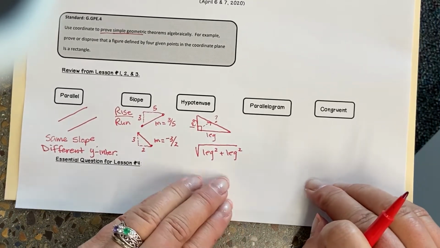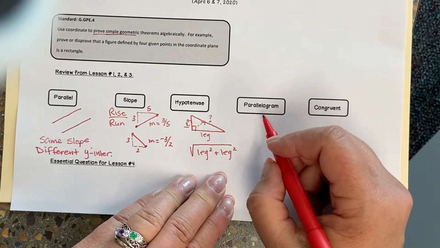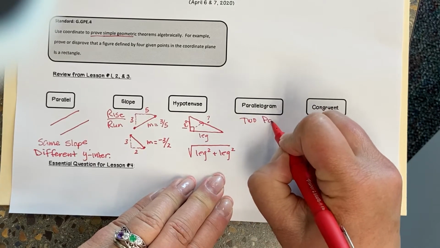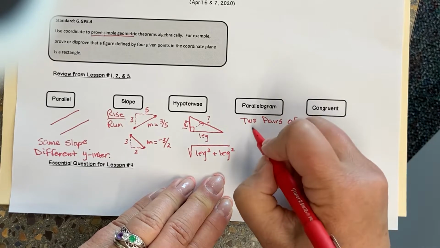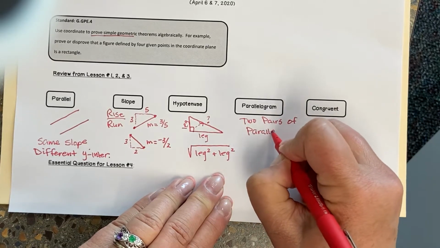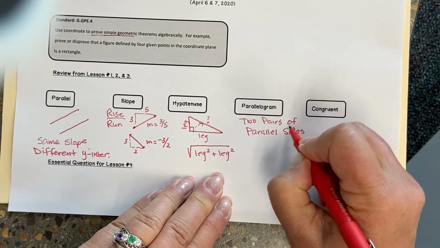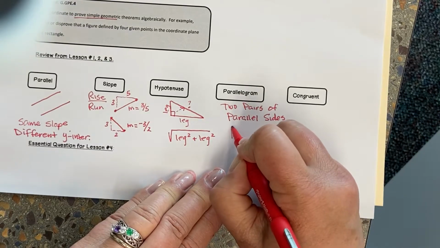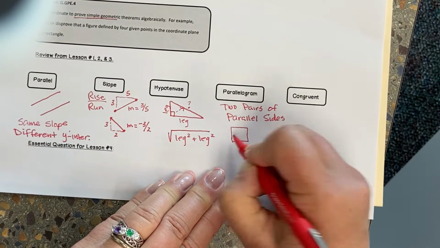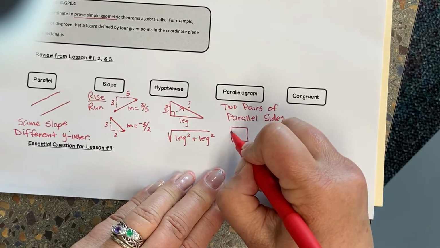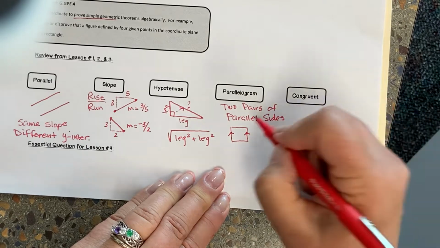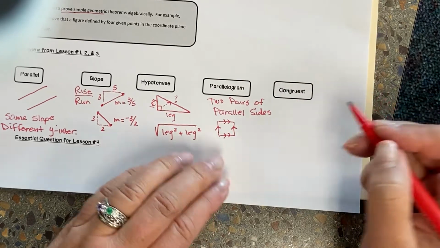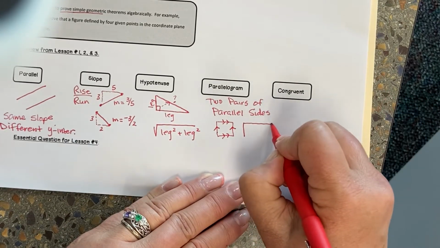Parallelogram, we haven't necessarily talked about. So here's the criteria for a parallelogram. You need 2 pairs of parallel sides. 2 pairs of parallel sides. So it could be a square, as long as this side is parallel to that side and that side is parallel to that side. Or it could be a rectangle.